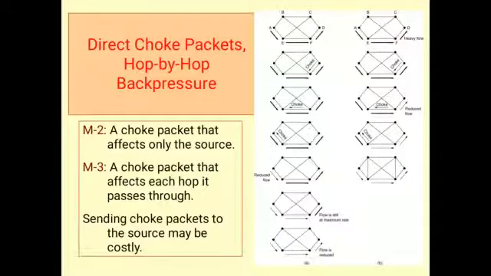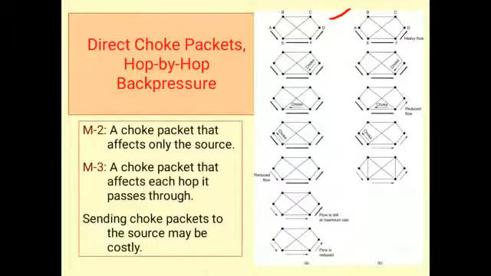If you observe here, we have six routers: A, B, C, D, E and F. In the first case, A wants to transmit a packet. First it transmits to its neighboring node E, then to F, and from F to D. Each and every router regularly observes whether the resource utilization is greater than the threshold value or not.